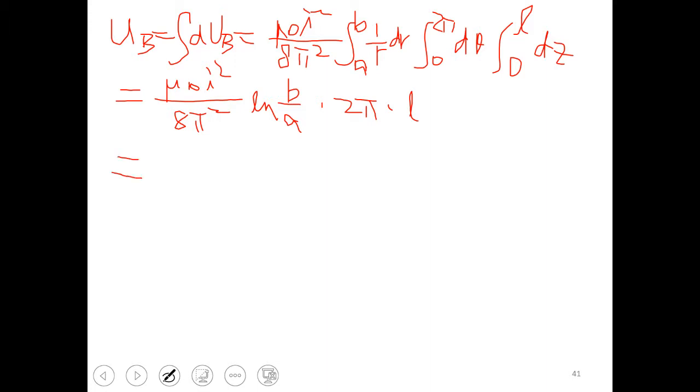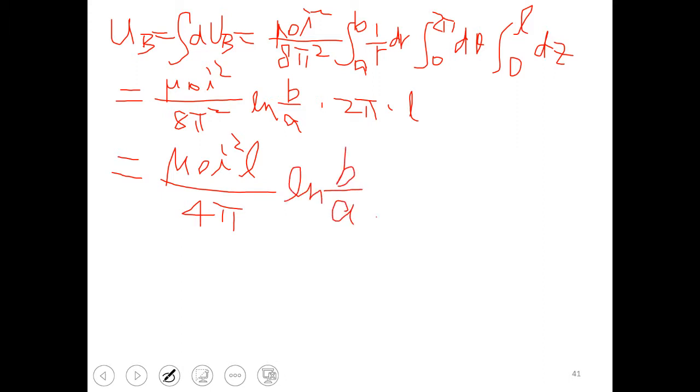So we can write it as mu 0 I square l over 4 pi log b over a. And this is the answer.